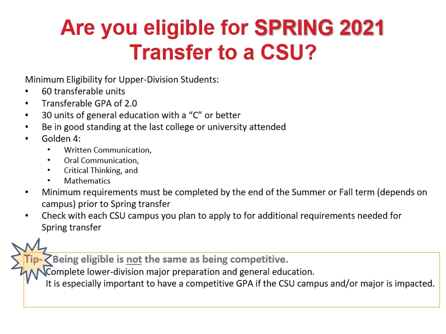So how do you know if you are eligible for spring 2021? Well, there is something called minimum eligibility for upper division students. And what that looks like for the CSU is 60 transferable units. So for State Center Community College District, including Reedley College, any course on our campuses numbered 1 through 99 would be considered transferable.